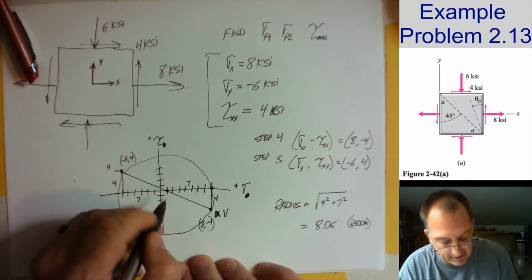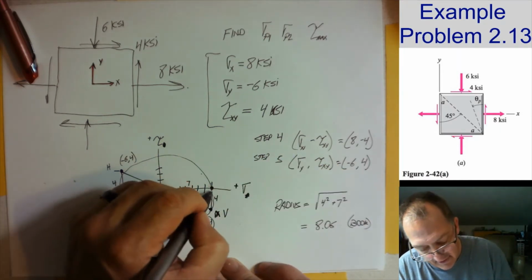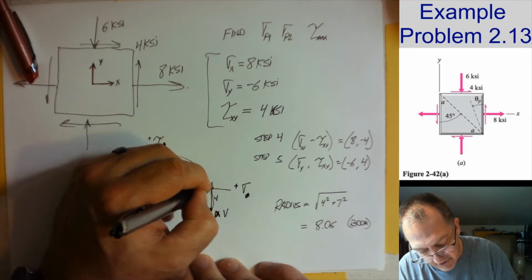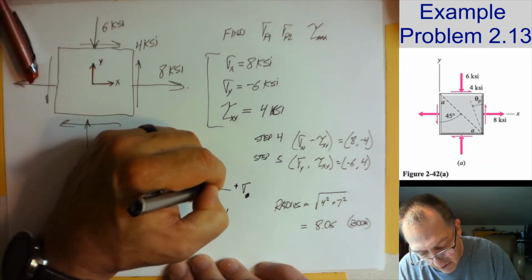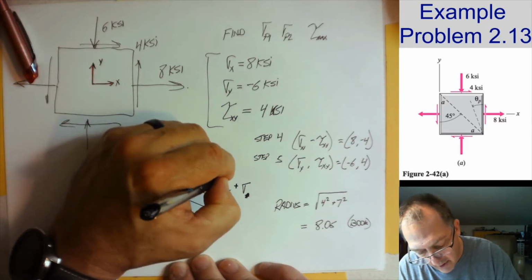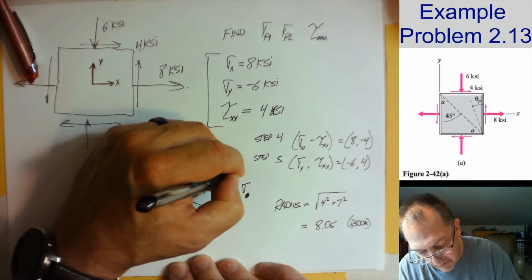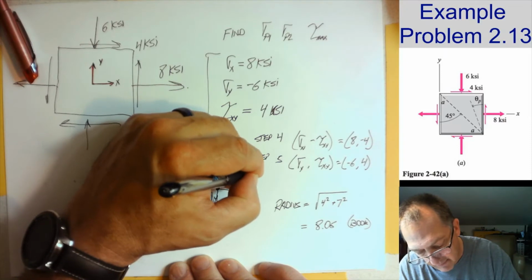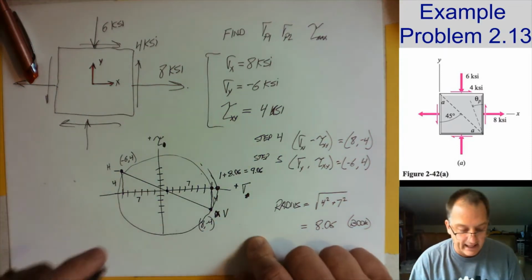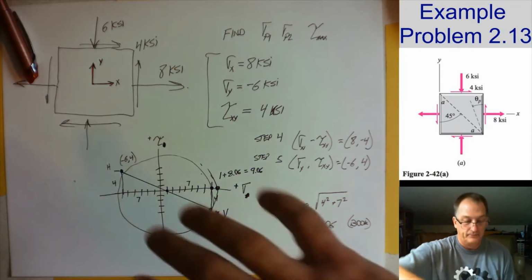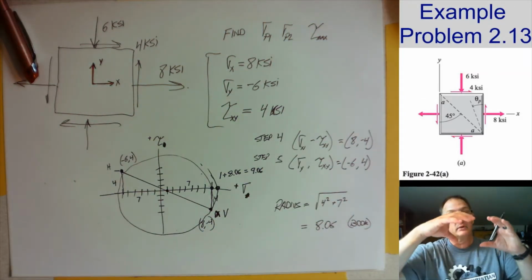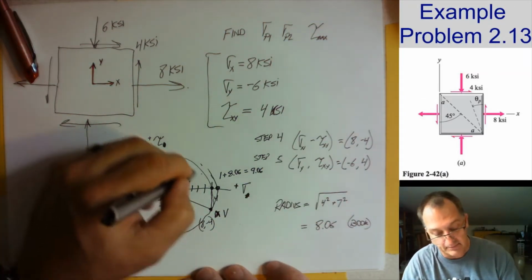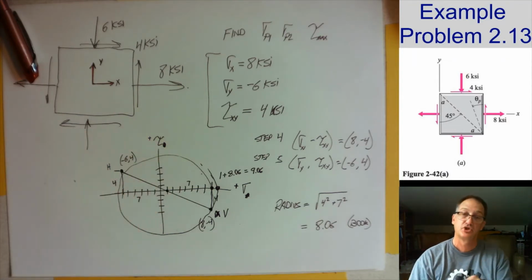So that would mean if this is 1, then this would cross here, at this point, which is 1 plus the radius 8.06 equals 9.06. And this whole circle, as I rotate around, those are all the possible combinations of normal stress and shear stress.